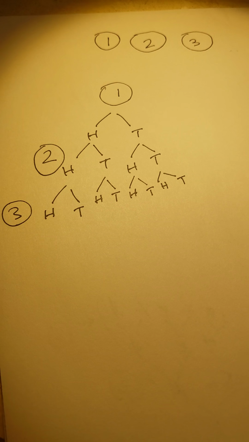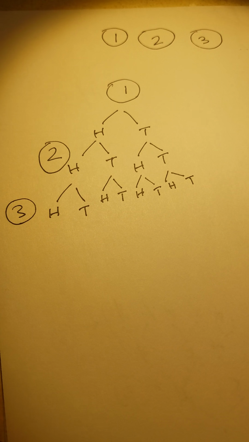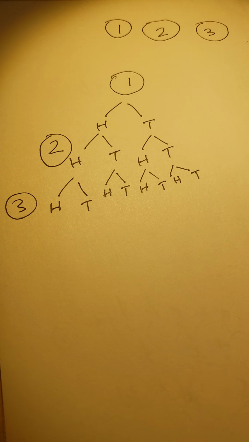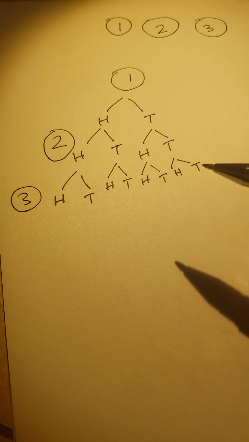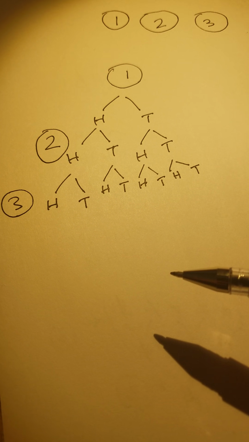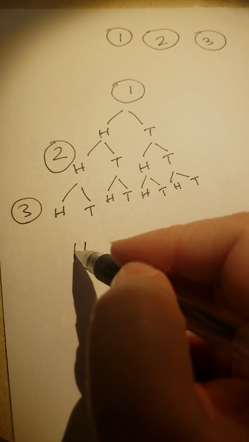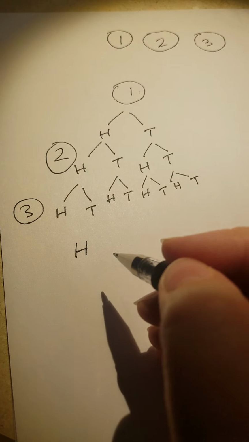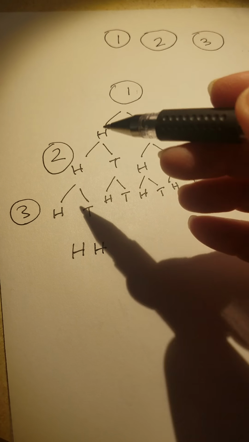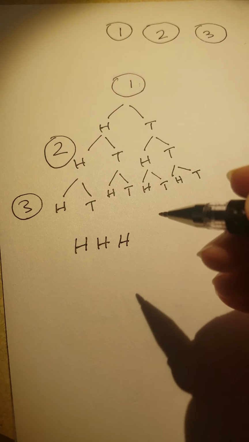Okay. So now we're going to look at the possible ways and calculate the results that we have. We've got all the possibilities. Now we need to put it down into probability. If coin number 1 landed on its head, that means possibly coin number 2 could land on its head, which means possibly coin number 3 could also land on its head.